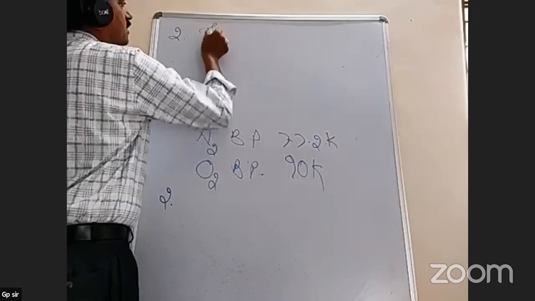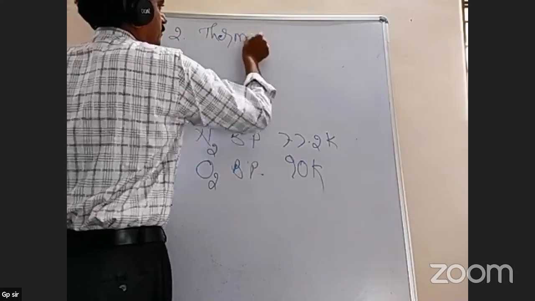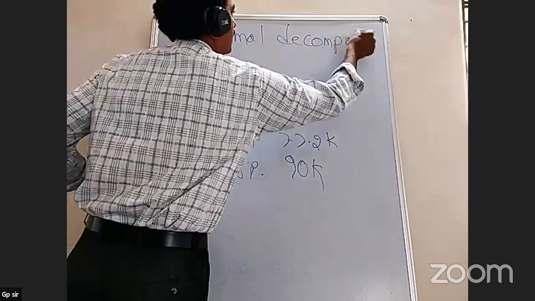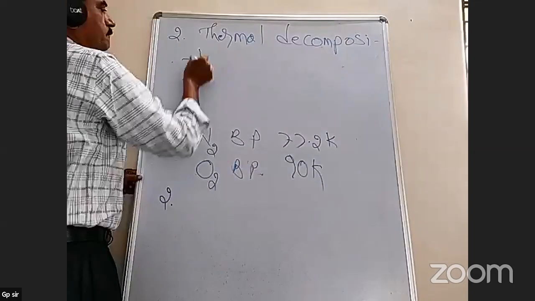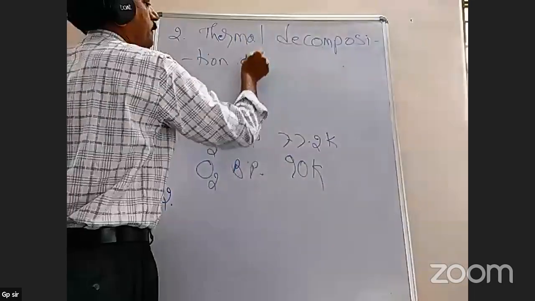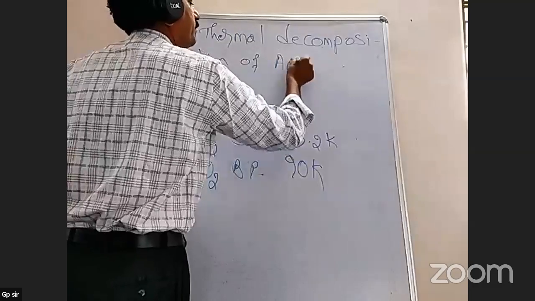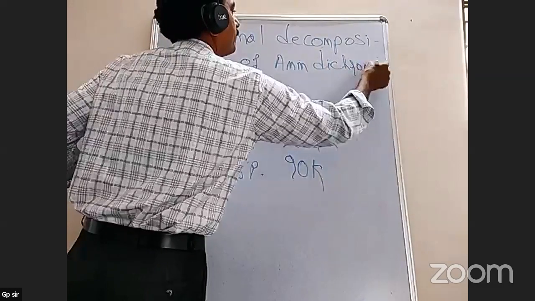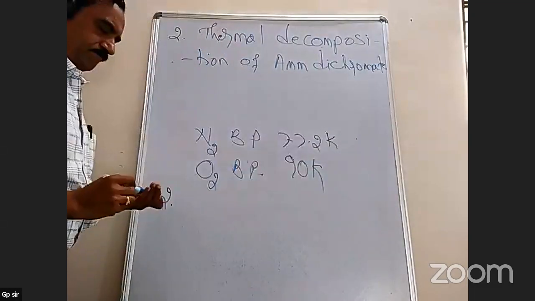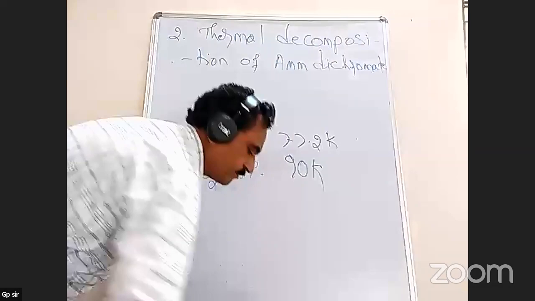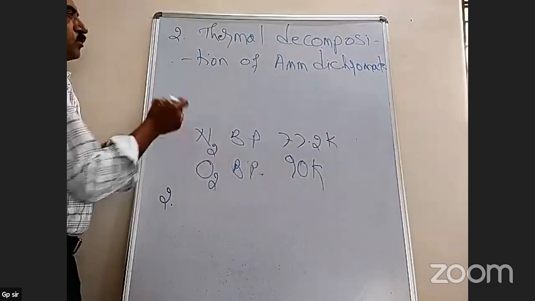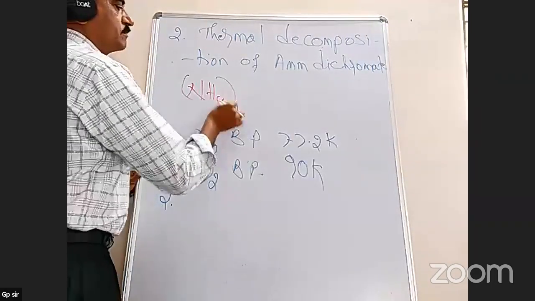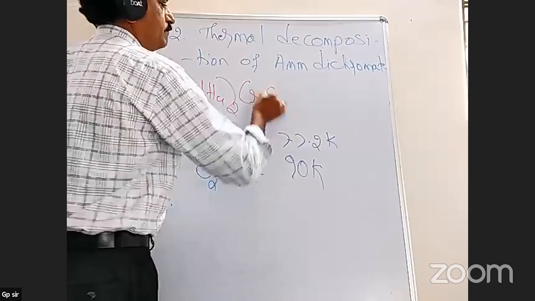By thermal decomposition of ammonium dichromate. Ammonium dichromate has the formula (NH4)2Cr2O7.